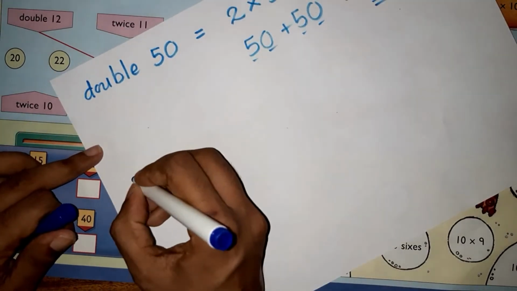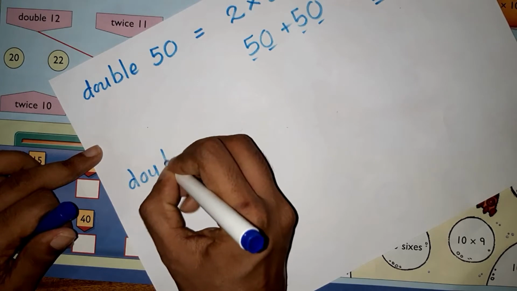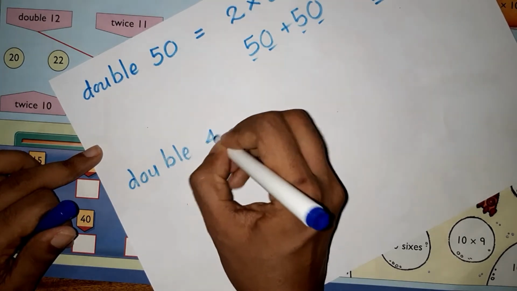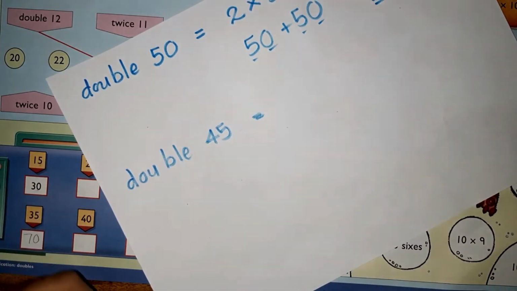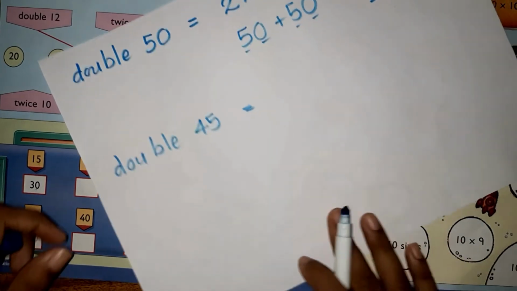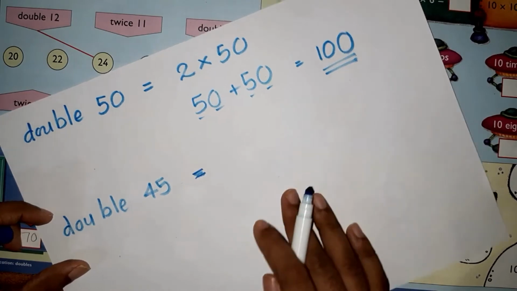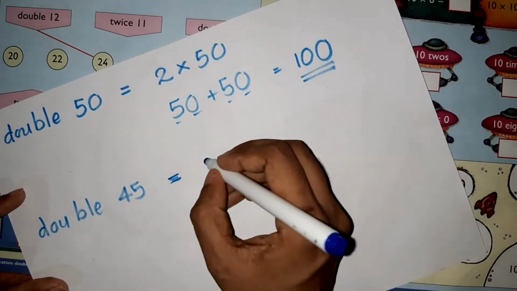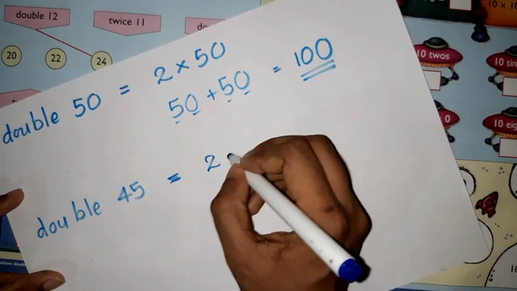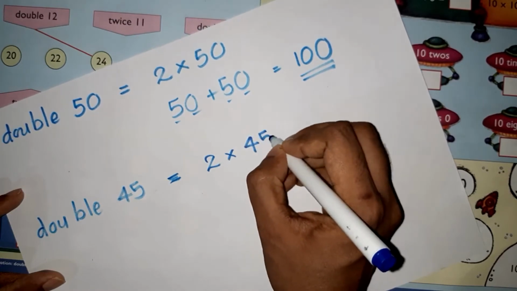45. Double 45. Okay. Double 45. So here double means 2 times 45.